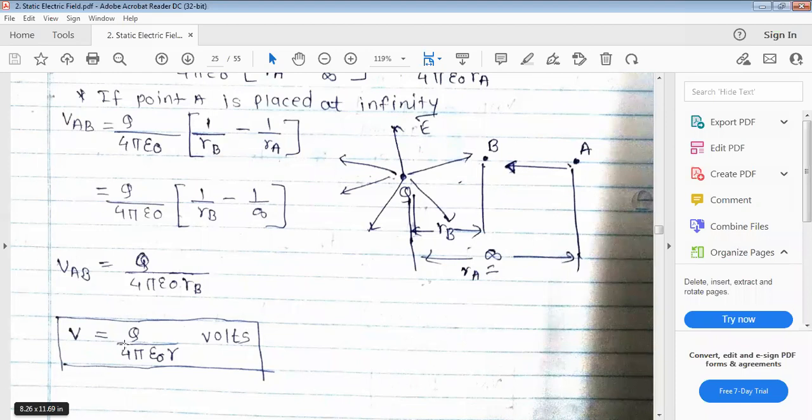If you find the force according to Coulomb's law, that is also 1 upon R square. But for potential, it is only 1 upon R, remember. So V is equal to Q upon 4 pi epsilon 0 R, and this potential is measured in volts.